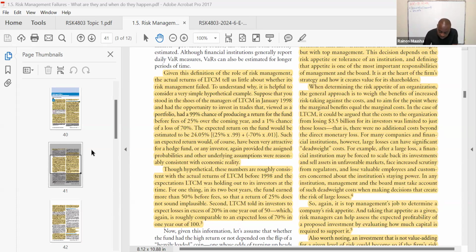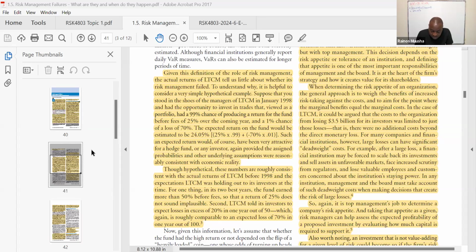Though hypothetical, these numbers are roughly consistent with the actual returns of LTCM before 1998 and the expectations LTCM was holding out to its investors at the time.